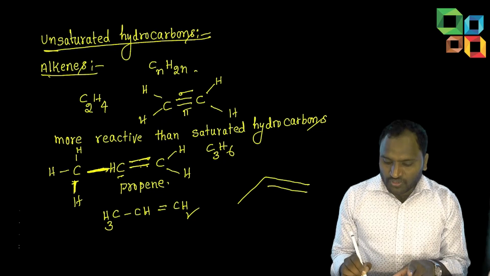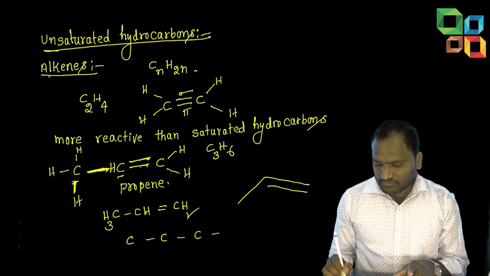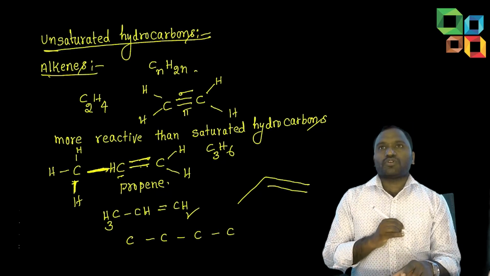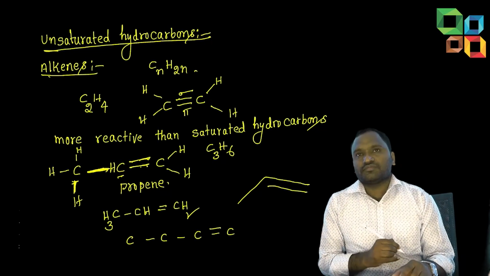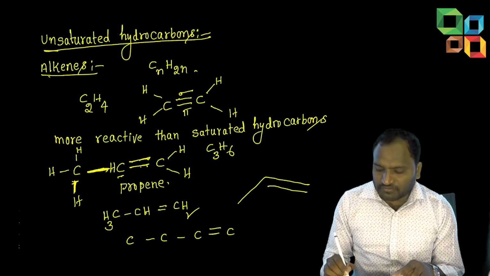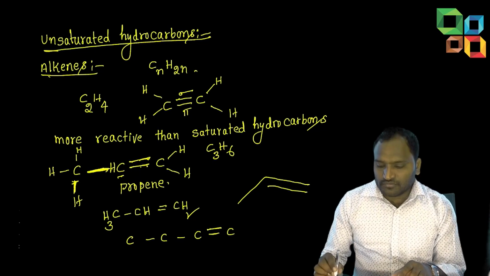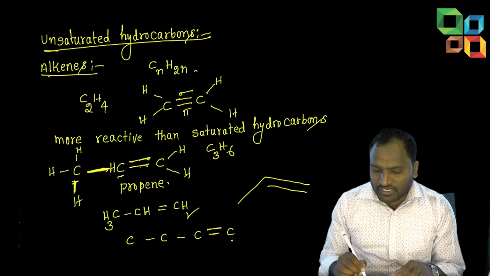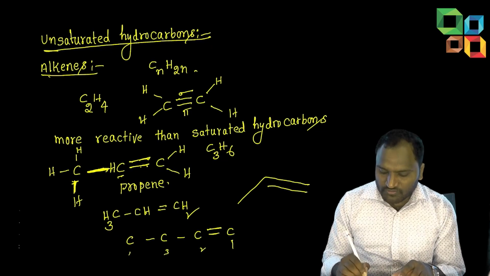Next, I am taking 4 carbon atoms. I am keeping a double bond here. You can keep it anywhere, there is no condition for that. Here I'll give the numbers, students: 1, 2, 3, 4.